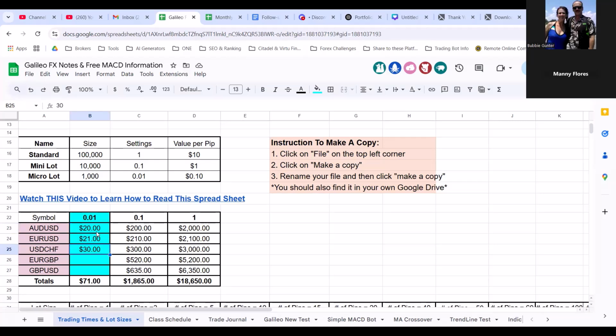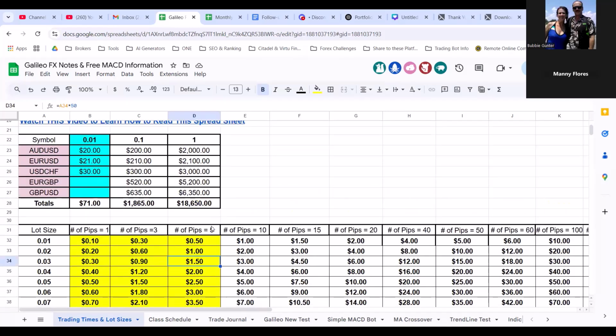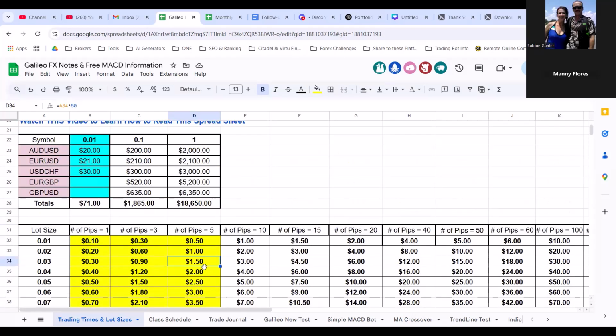Now at 0.03, you're making $1.50 a transaction. Yeah, I need to see the spreadsheet because I just got to keep running that thing over and over. I'm a little thick-headed, so I gotta make it stick. I think I got a pretty good handle on what you just explained, but I just got to keep looking at it.